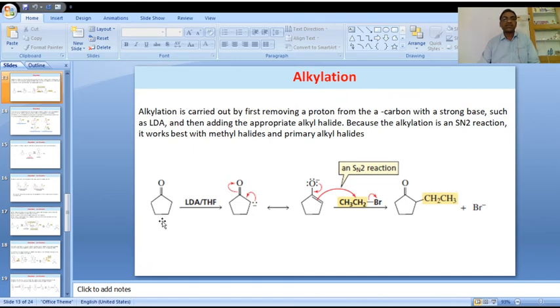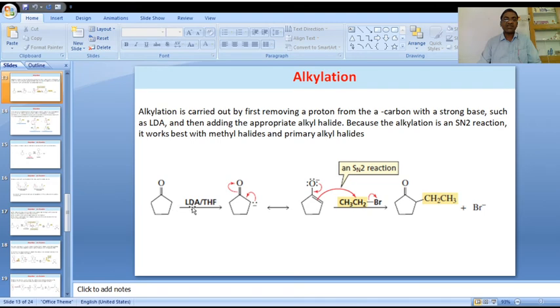Here, cyclopentanone, a 5-membered ring we are using. Alkylation is carried out by first removing a proton from the alpha carbon with a strong base.